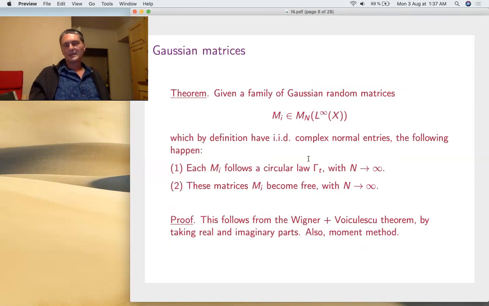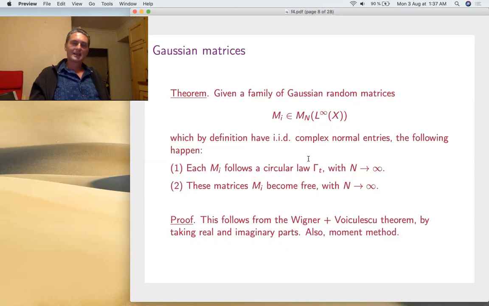And finally, once we have this pair of results, let's talk also about random matrices, the applications of all this. We'll take matrices exactly a la Wigner, but no longer self-adjoint. It's just i.i.d. normal entries, with no constraints. So each of them follows a circular law, and they become free when N goes to infinity.